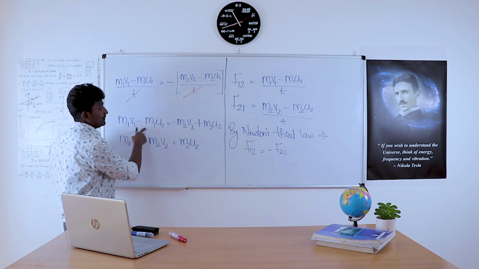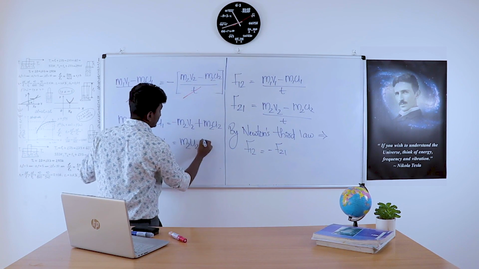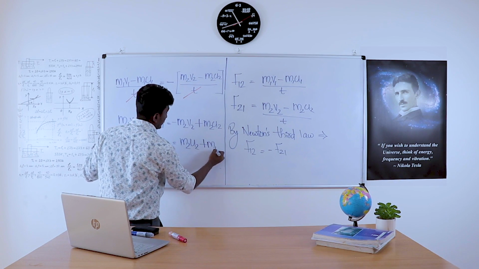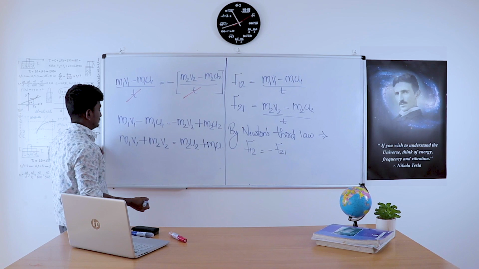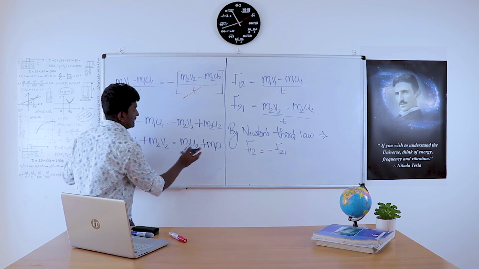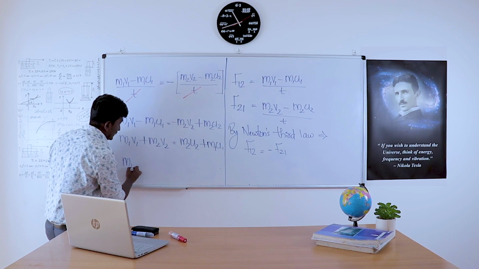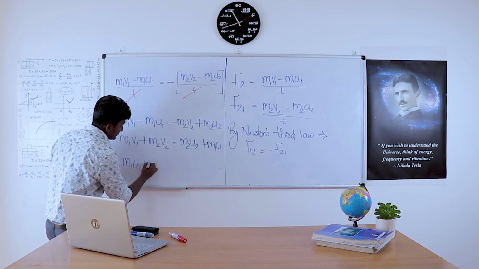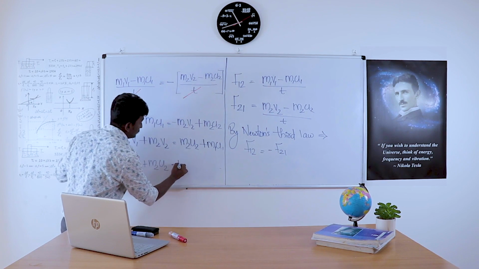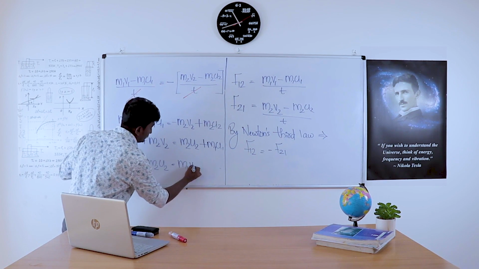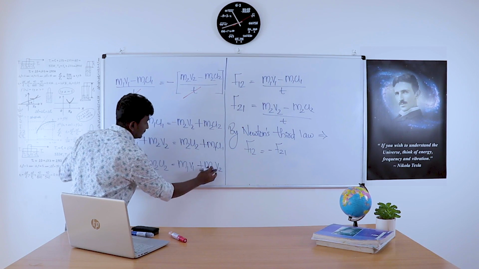This minus m1 u1 comes to the right hand side and becomes plus m1 u1. Okay, I just rearrange this equation as m1 u1 plus m2 u2 is equal to m1 v1 plus m2 v2.